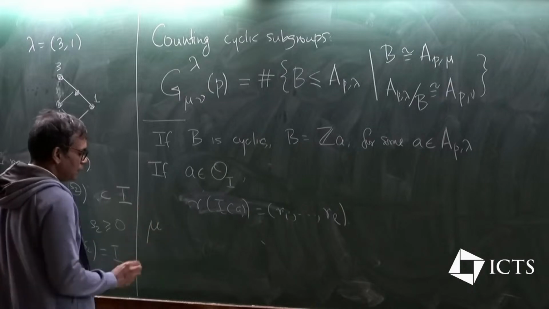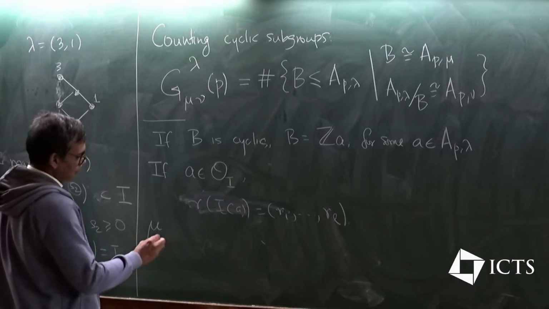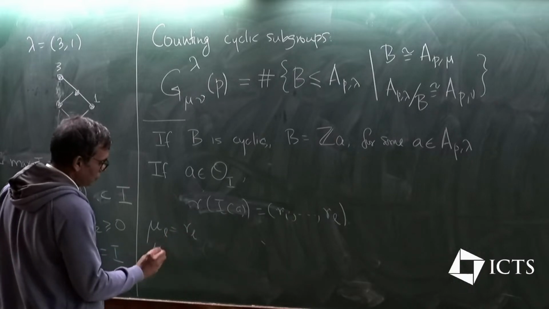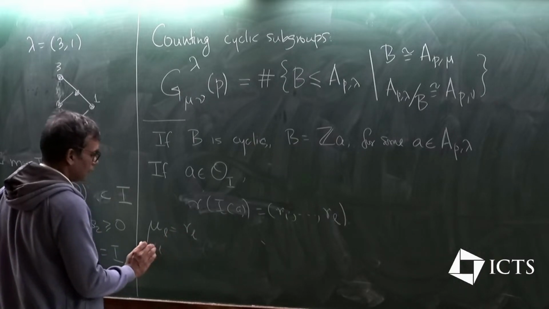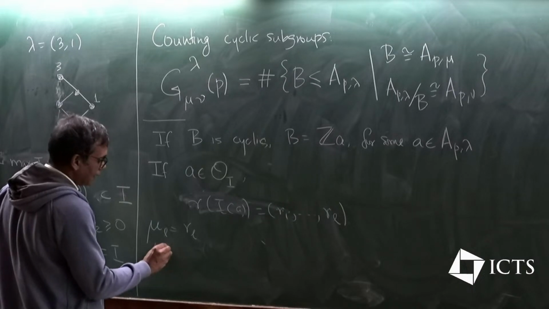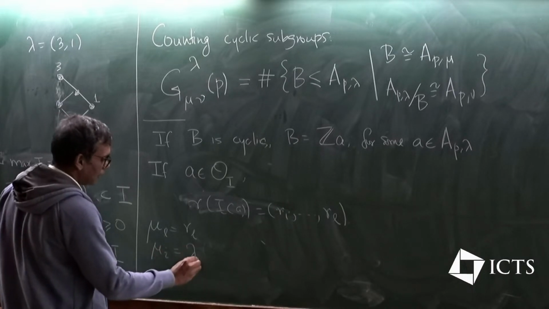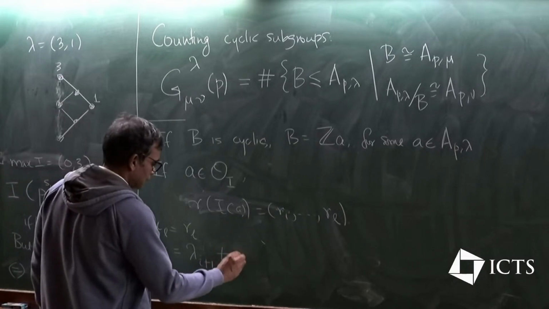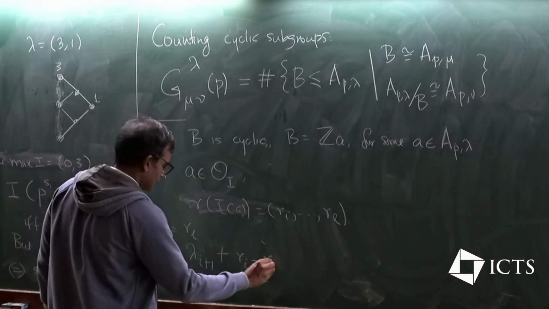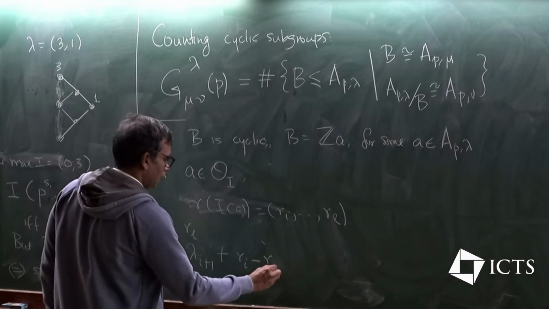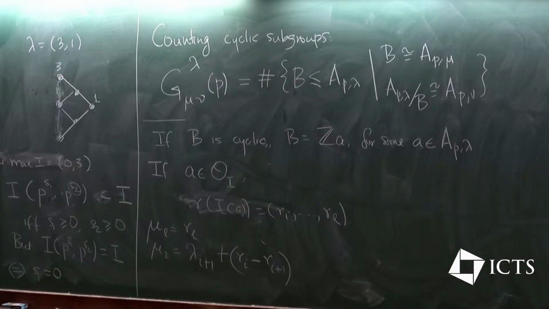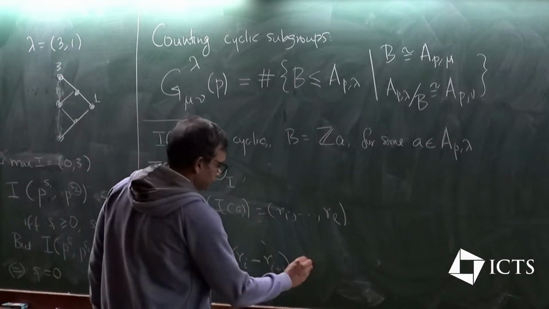So mu_i in general is lambda_{i+1} plus R_i minus R_{i+1} for i goes from 1 to L minus 1.